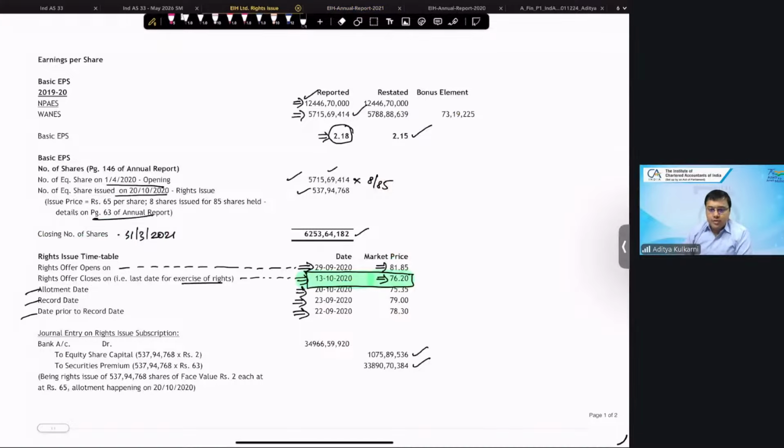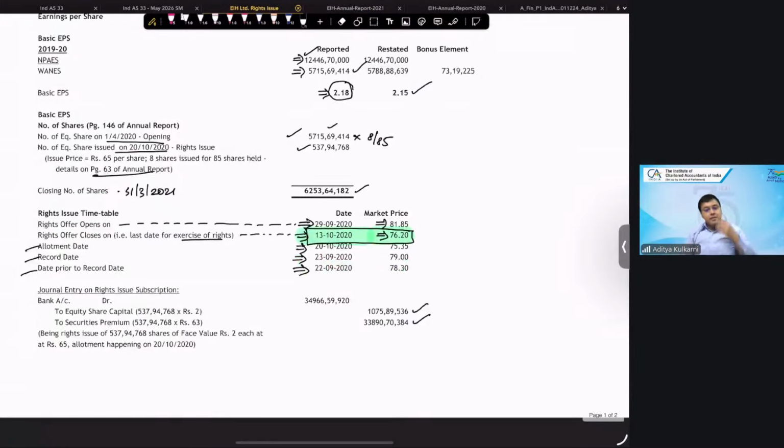have also calculated. Now, coming to the next interesting part, EIH is a listed company, so it will have its prices appearing on the markets. These are the actual prices which I have taken from the markets as on the respective dates. Rights offer opened on 29th September 2020.